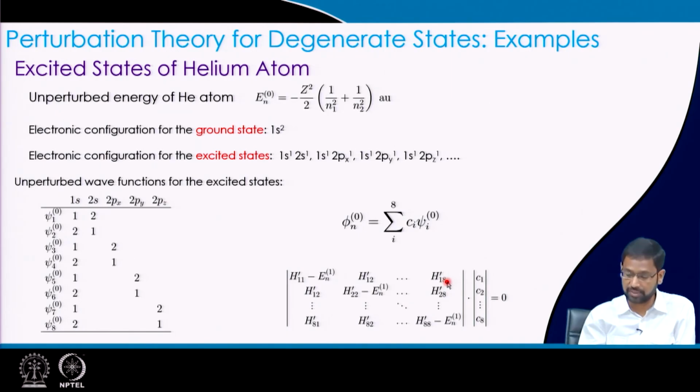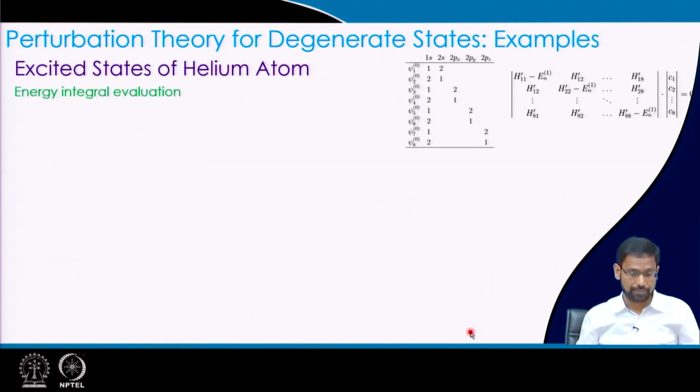All these matrix elements, these energy integrals, have to be obtained. So I have to solve this secular equation. Once I solve this, I would get the energies and the coefficients, and the final results will appear. But before that, we have to spend some time evaluating these energy integrals.